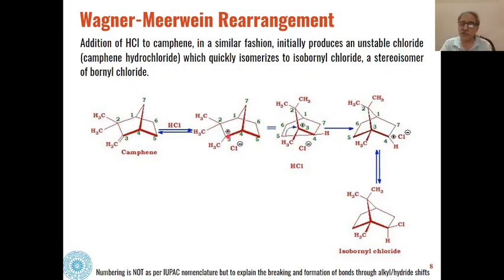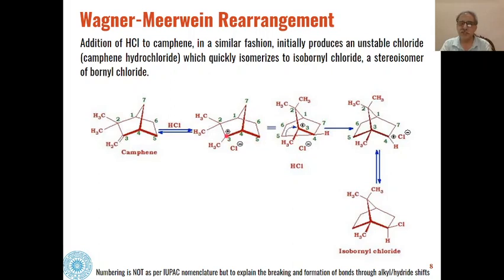The carbocation is present at position 3. You can see over here, basically what we have done is that we have taken this upside, this bridge downside, and this has moved to this place. 5 and 6 have moved to this side, this has moved to this place, and this has moved to this place. And you can see 3 is having methyl, so this is carbon 3 having a methyl group.